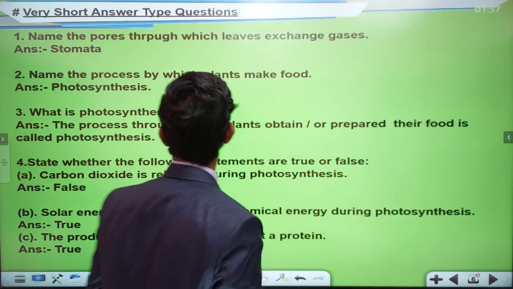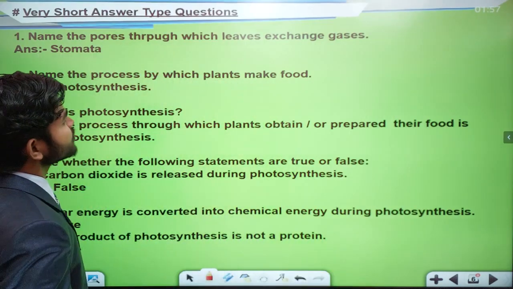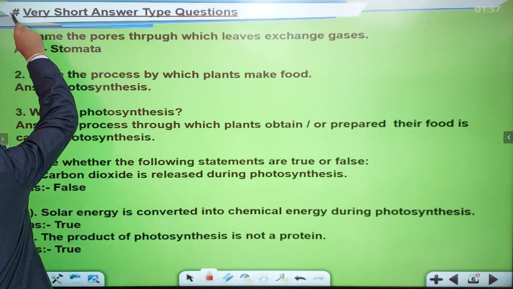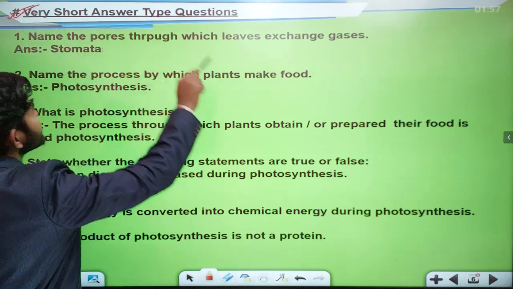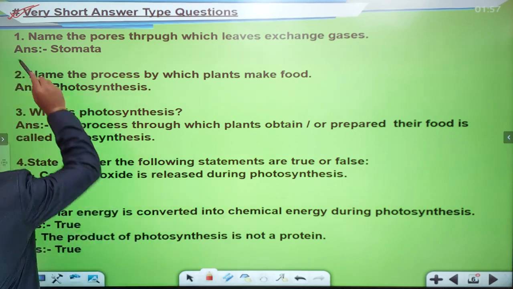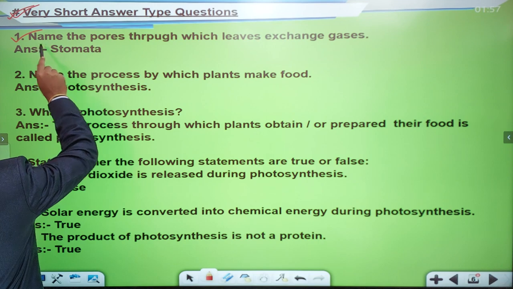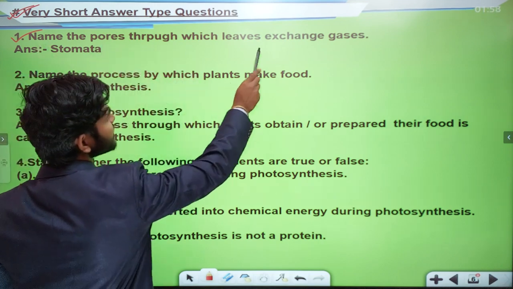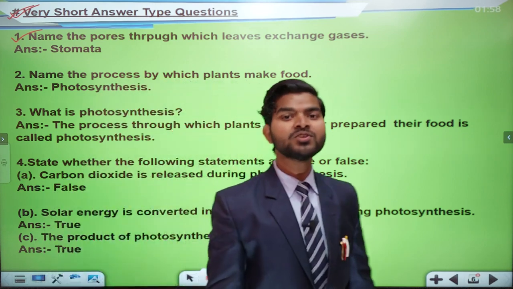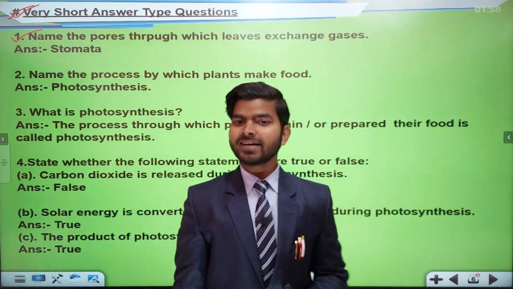Now dear, it's time to learn and explain some questions. These are the important questions, very short answer type questions. The question number one is: name the pores through which leaves exchange gases. I will explain to you about the stomata. What is a stomata?